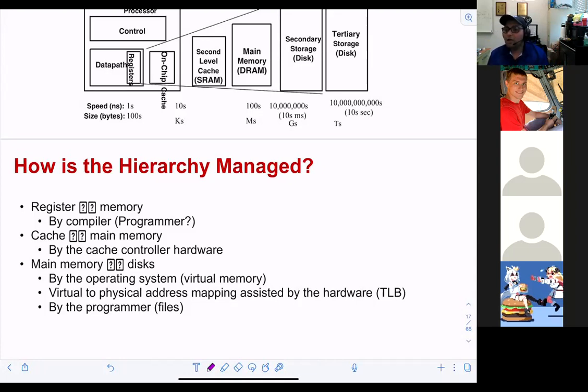Second, who is responsible for the data transfer between the cache and main memory? That's not controlled by us as programmers. It's not controlled by the processor. There is a hardware unit inside the processor called the cache controller.